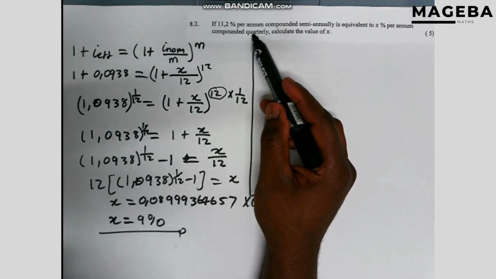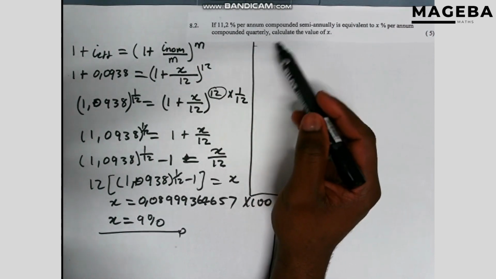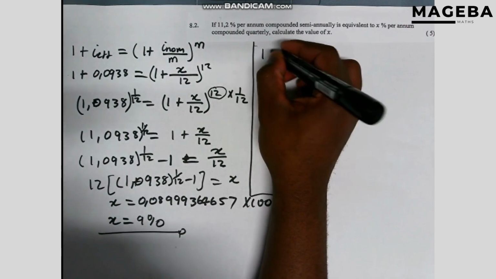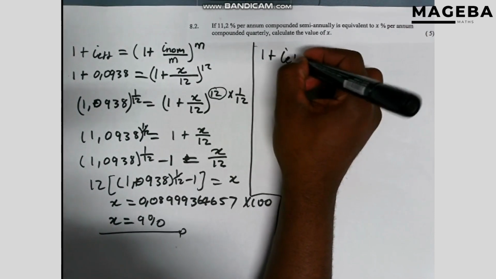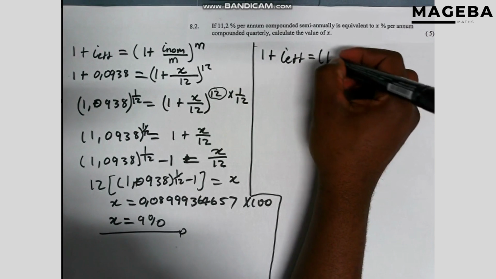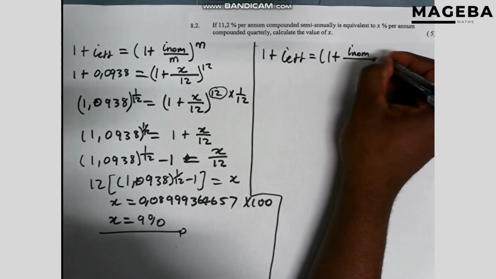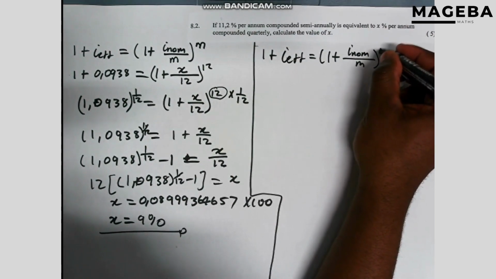So from here, use the same equation, 1 plus i effective equals 1 plus i nominal over m, to the power m. We're looking for i effective. This percentage is going to act as i nominal.